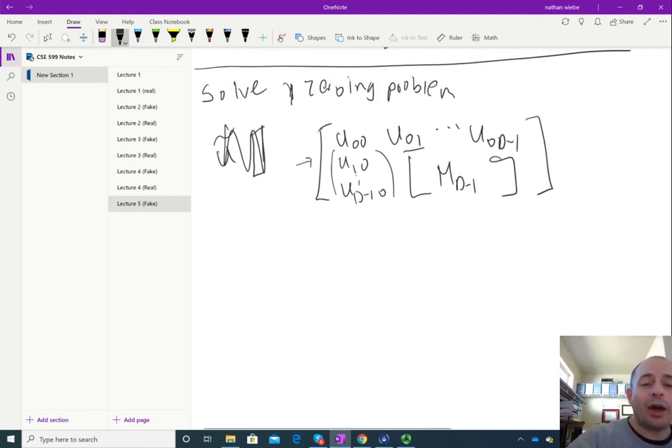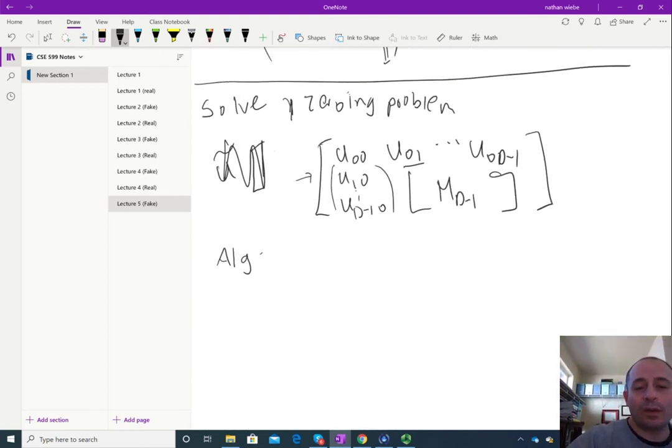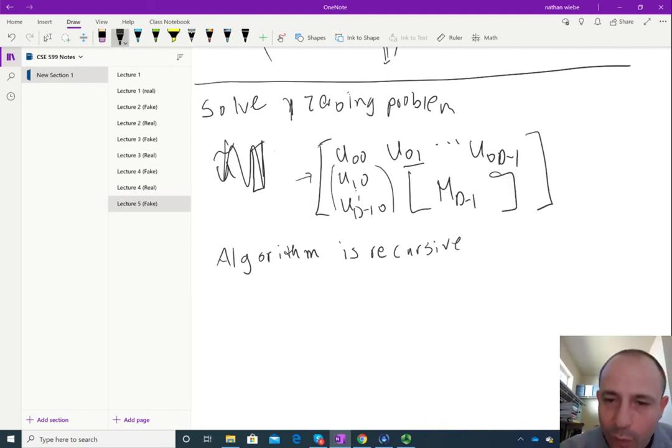Now, our algorithm is recursive. First, what we want to do is draw this explicitly in here. We'll take a look at this top block. Now, we're going to apply a unitary that will make this element 0.